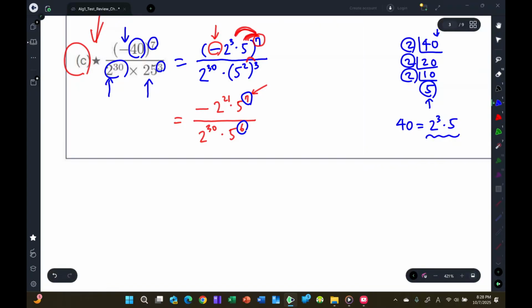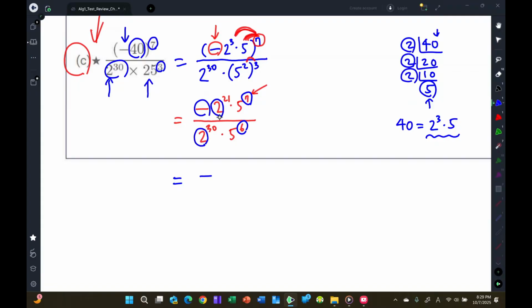Anyway, now this negative sign will stay, but I think I can reduce the same bases. I have more 2s being multiplied in the denominator than the numerator. So 21 2s will reduce 21 of the 30 2s in the denominator, leaving how many? 2 to the 9 power, because 30 minus 21 is 9.